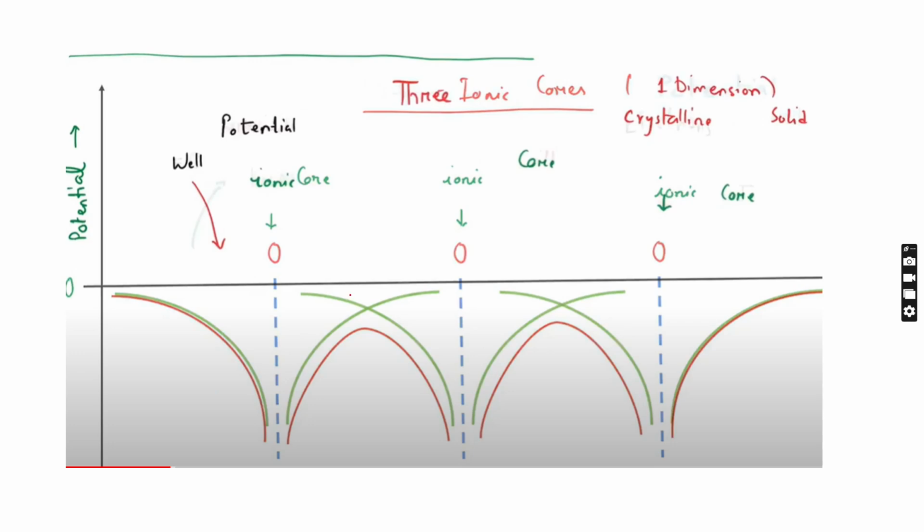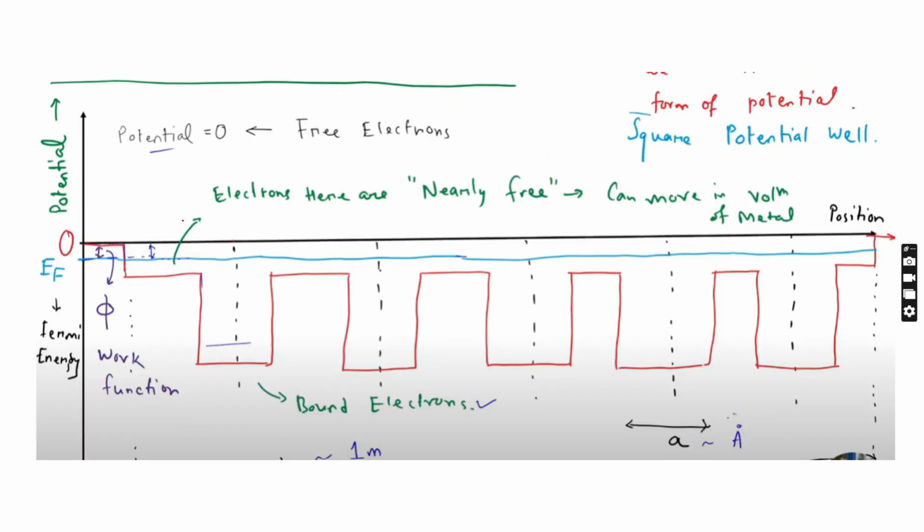So we take an approximation for the 1D crystalline solid. Here this dotted line contains the ionic cores: 1, 2, 3, 4.